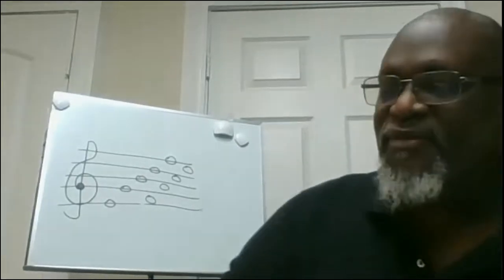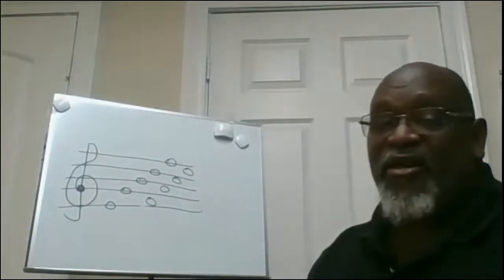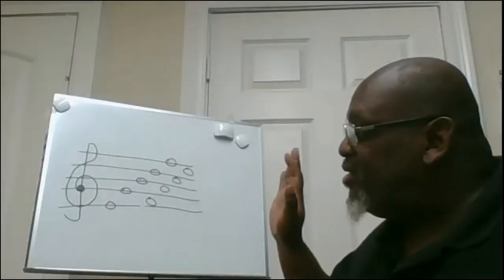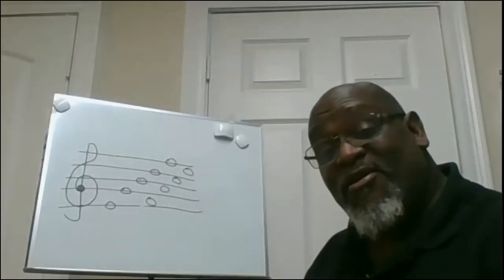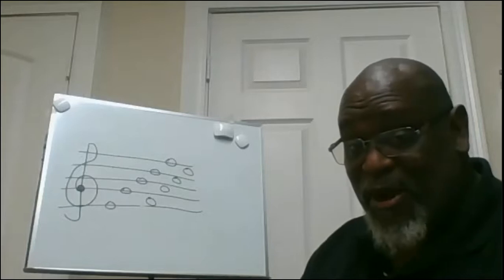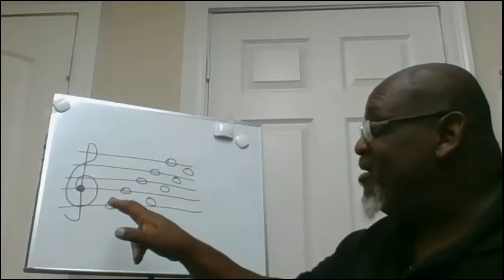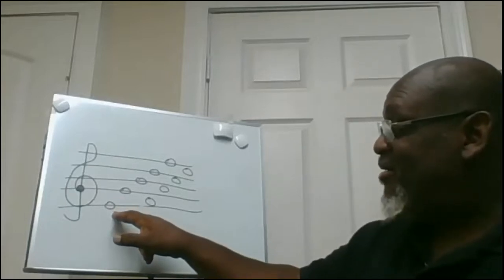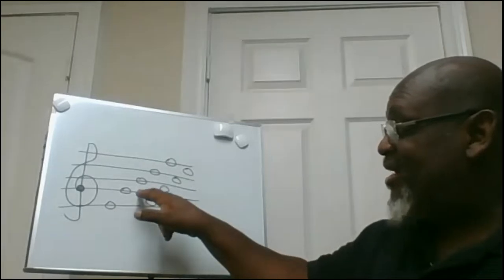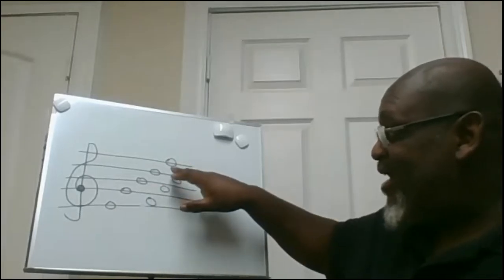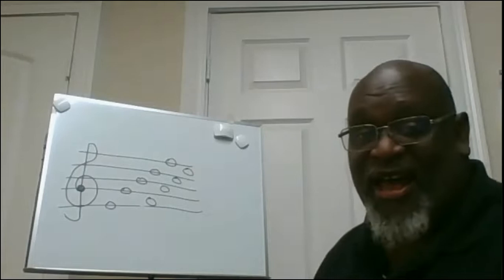The next part of our lesson, boys and girls, is that we talked about the letter names of notes. And last week, we named all of these notes. Can you name these notes this week? You remember? Line 1, line 2, line 3, line 4, line 5.